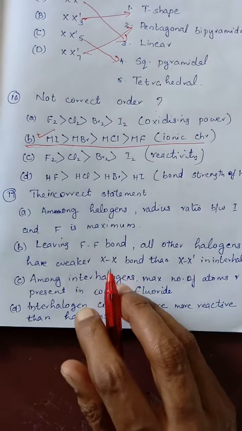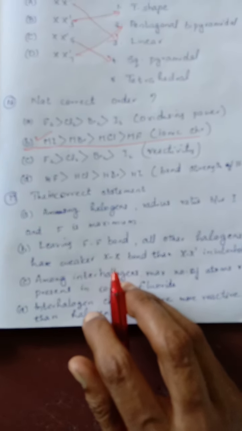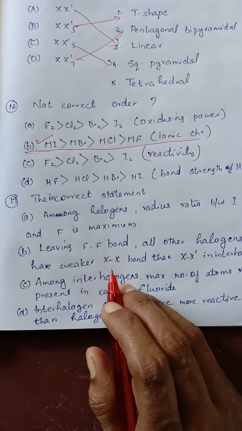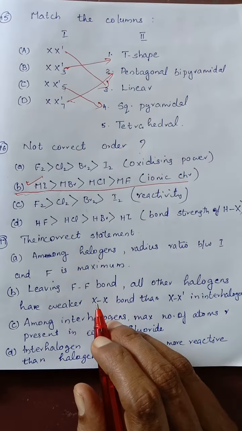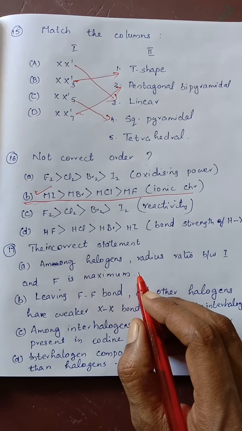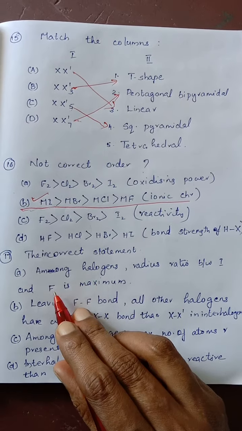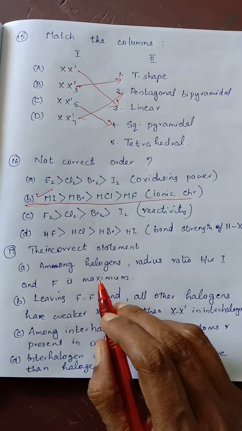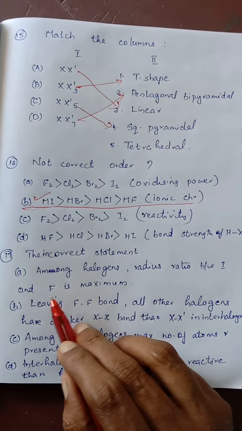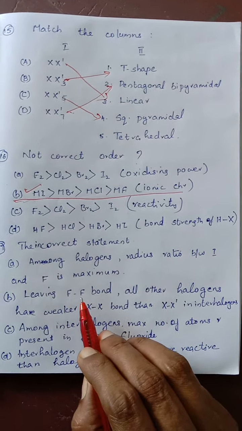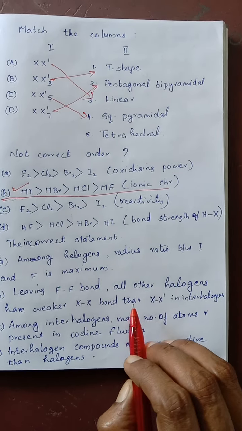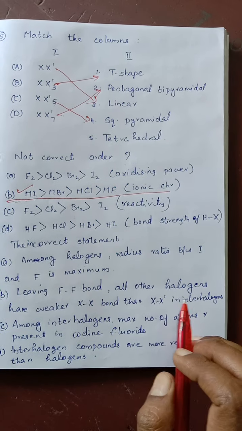The incorrect statement. Among halogens, the radius ratio between iodine and fluorine is maximum. This is a correct statement, because fluorine is the first element, iodine the last one. So the radius ratio is maximum with iodine and fluorine. Leaving F, all other halogens have weaker XX bond than XX dash in interhalogen.